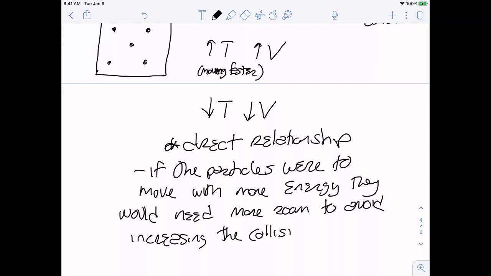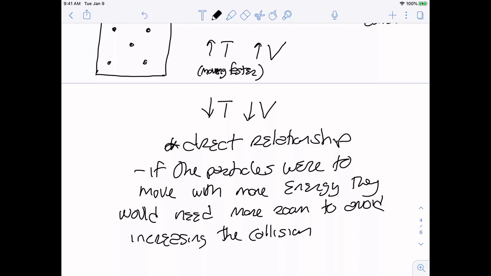And that's important, right? Because we're keeping pressure constant. If pressure wasn't to remain constant, then who cares, right? Increased temperature, they can bang into each other all they want, and we don't have to change volume. The only reason volume has to change is because we need to keep pressure and the amount constant.